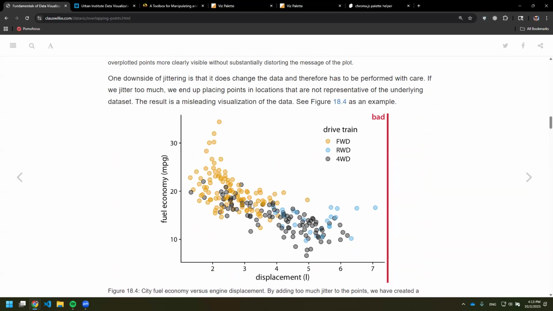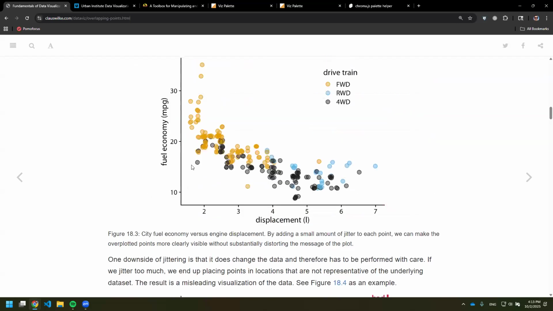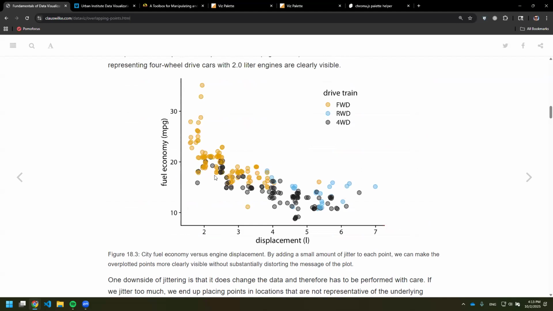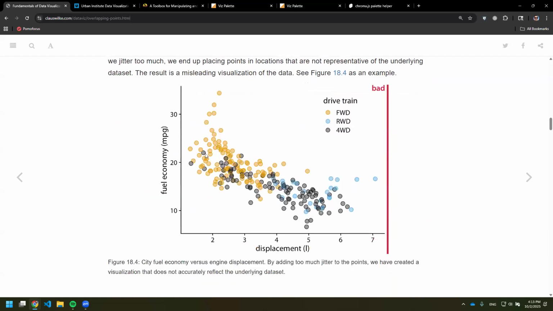So if we jitter the points too much, if we randomly move them too much, we end up with a plot that doesn't actually represent the data. So if we look back at these black points right here, they just got moved all the way over here because we had a very large jitter. So we end up seeing a trend here in the data with the black points that may not exist in actuality if we looked at the data.